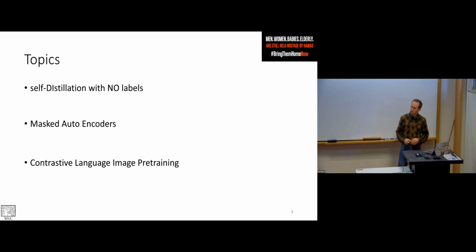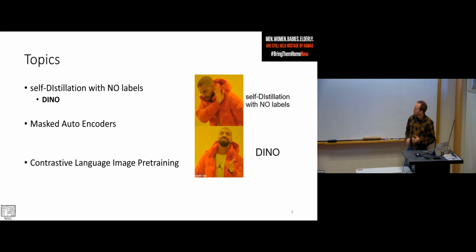So today we're going to talk about three methods for self-supervised learning. The first is self-distillation with no labels, which is called DINO for short. We'll talk about masked auto-encoders and about contrastive language image pretraining.